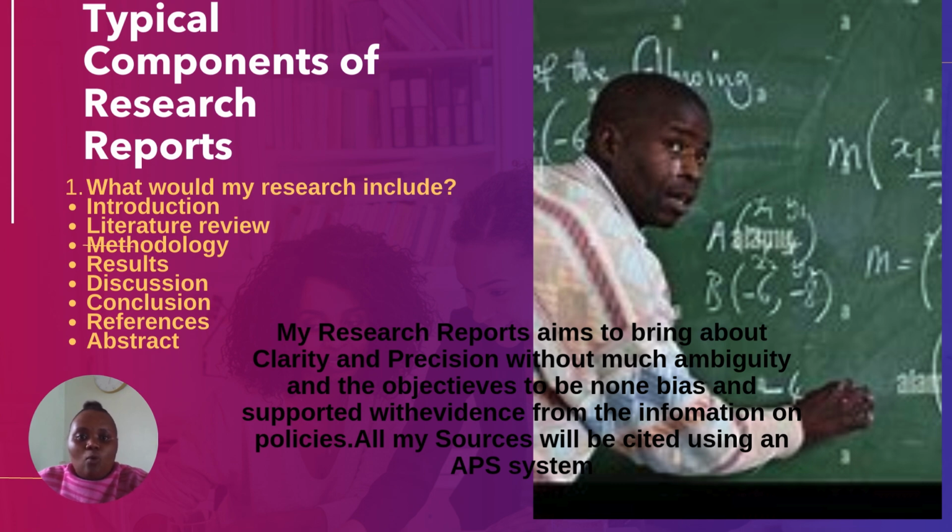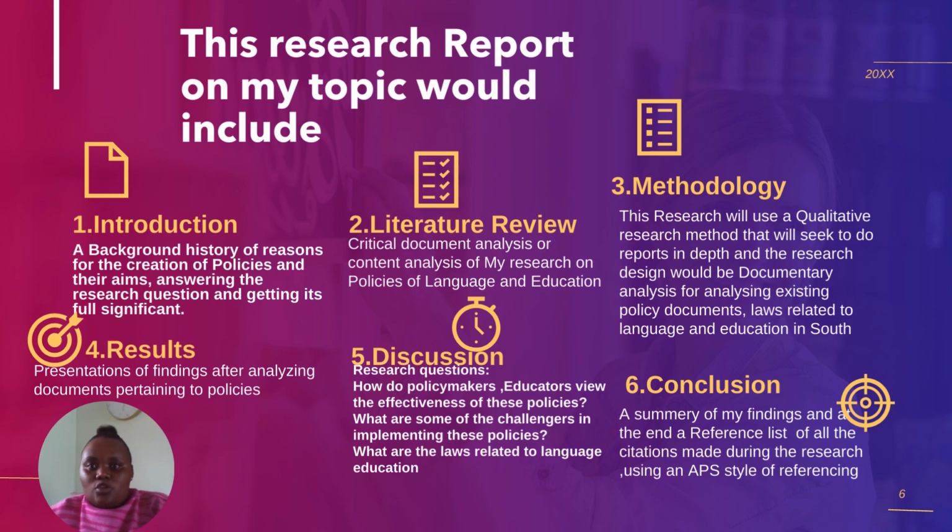All my sources will be cited using the APA system. This research report would include my introduction, and I've clearly explained how I'm going to carry it and what I would want to write in those six points.